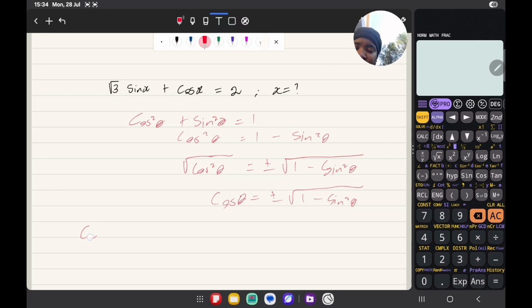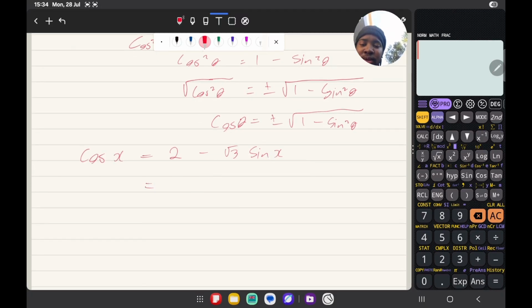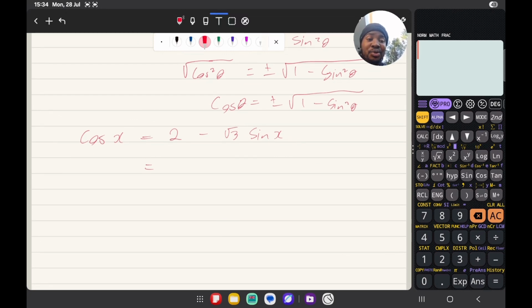Say I have cos x equals 2 minus the square root of 3 sine x. Now the question is which one to use, because we have a square root here and probably something will happen. Actually, it doesn't matter which one we use.